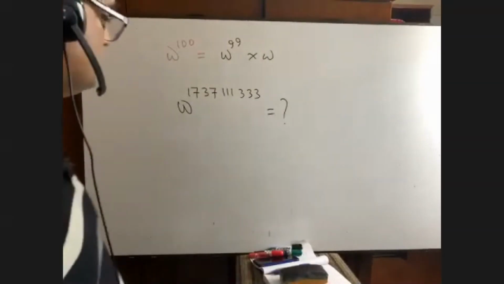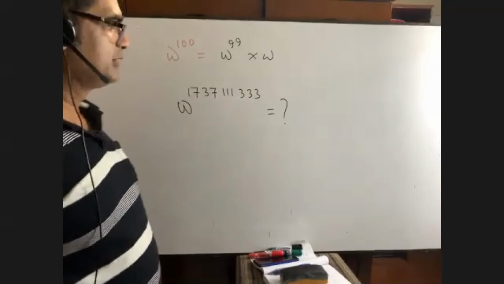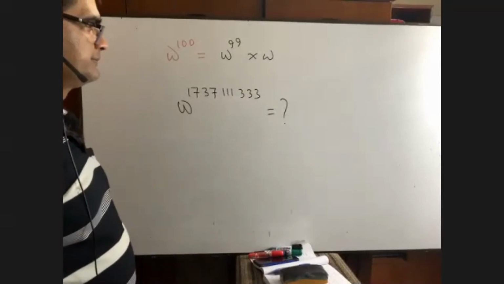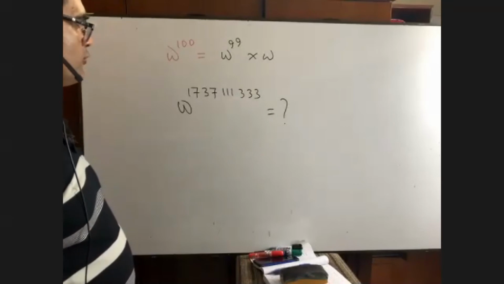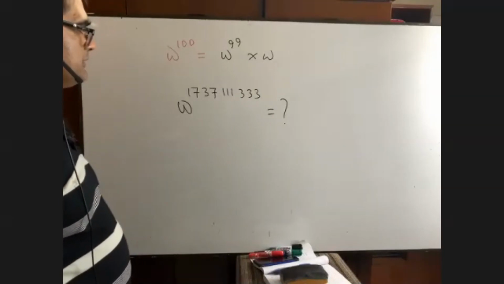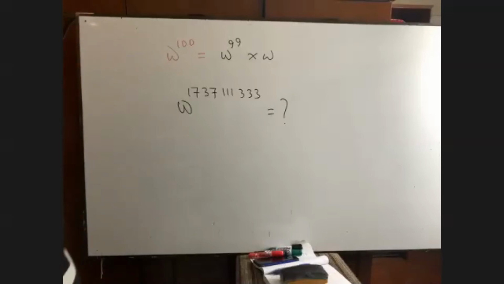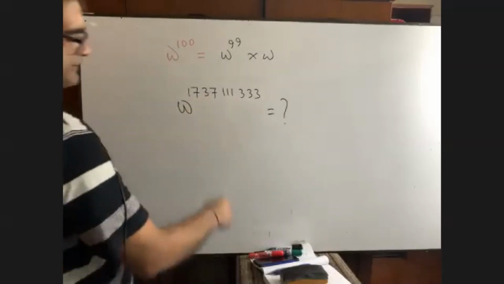Okay. Who can find this value? Omega square. At first, what will you do? It is to be divided by 3.